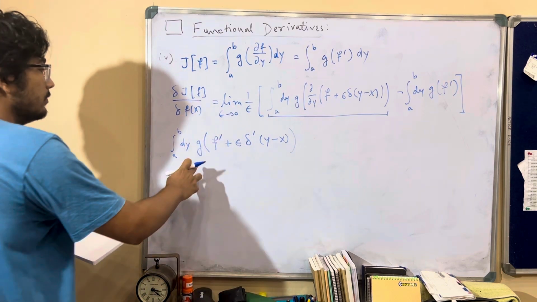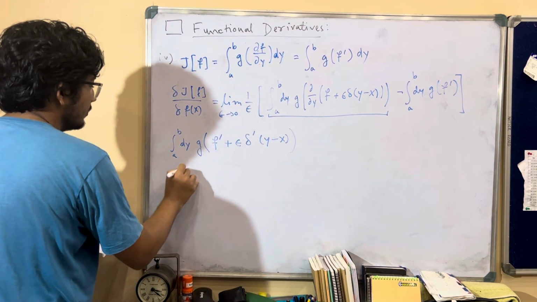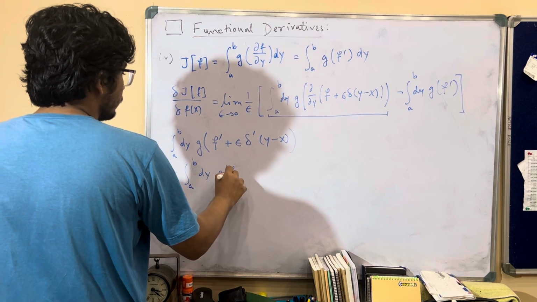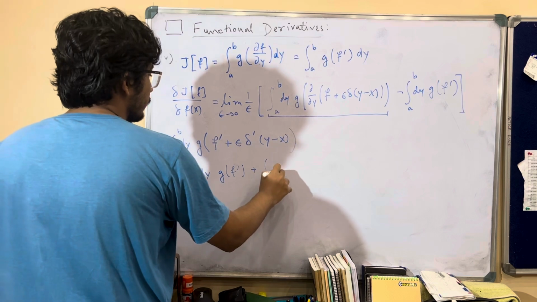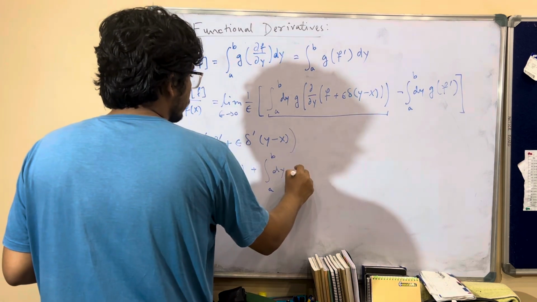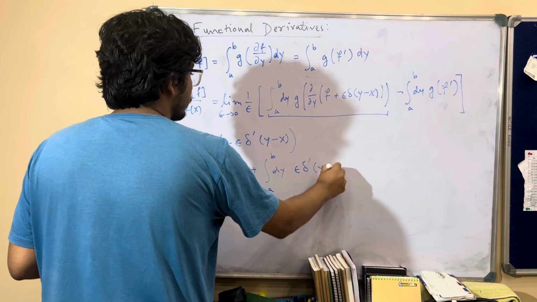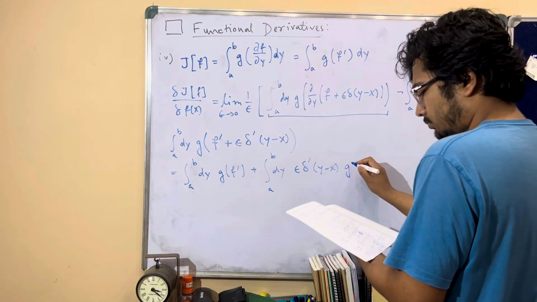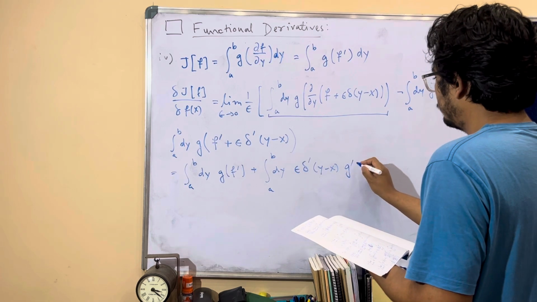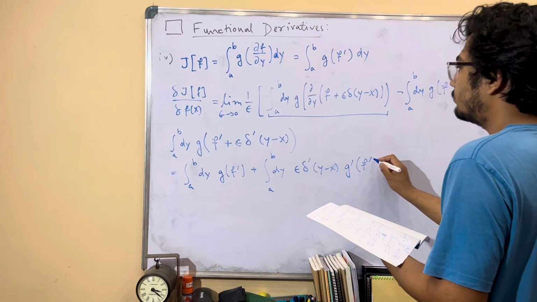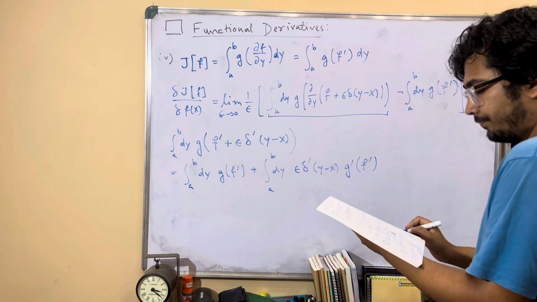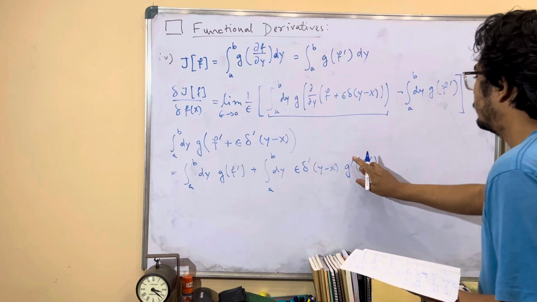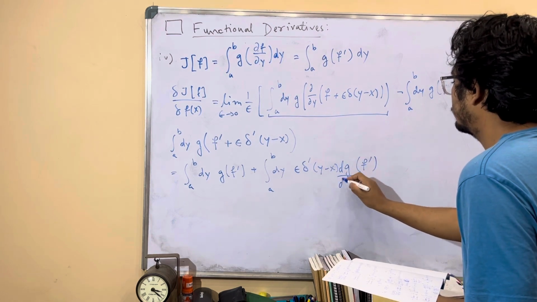So now using the same method we will Taylor expand this, and this will give, so here g prime is, let me just write it down like this.